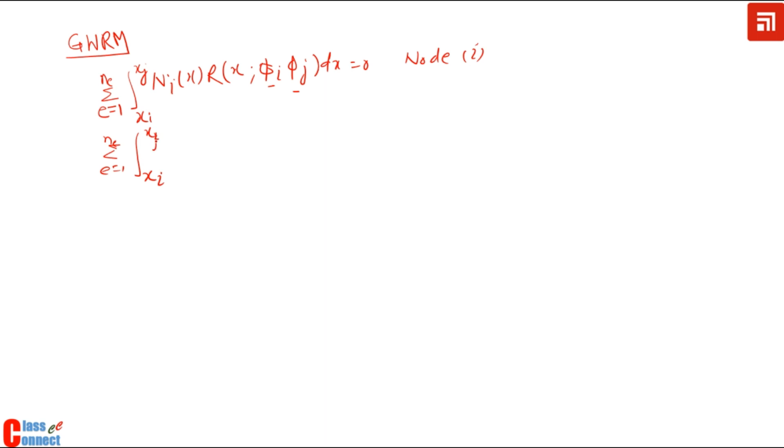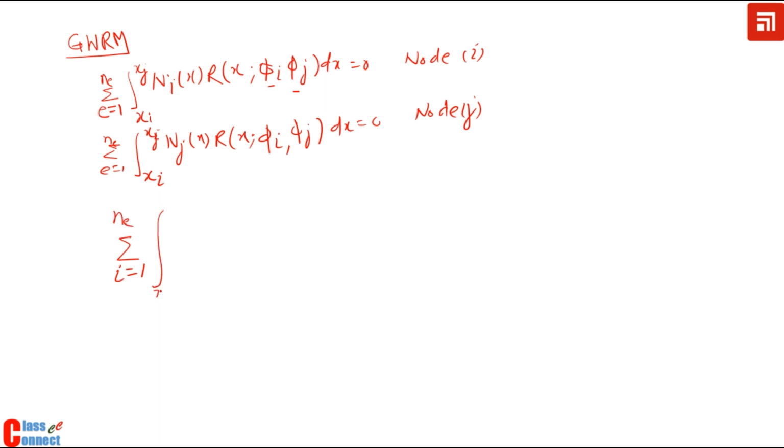The only difference is Ni will be replaced with Nj. So I can combine both these two equations to get the form as summation from e equal to 1 to number of elements, integral from xi to xj.